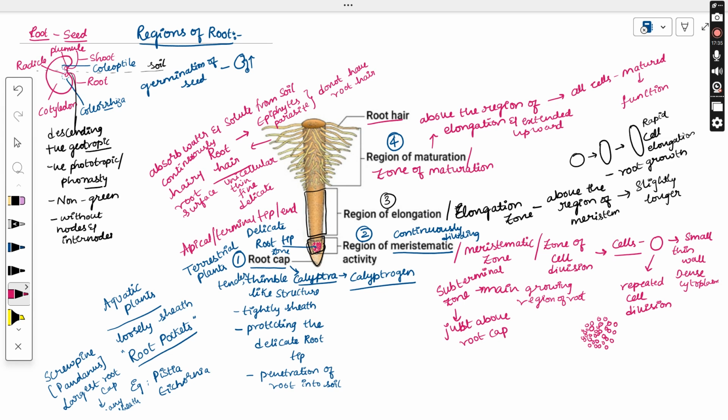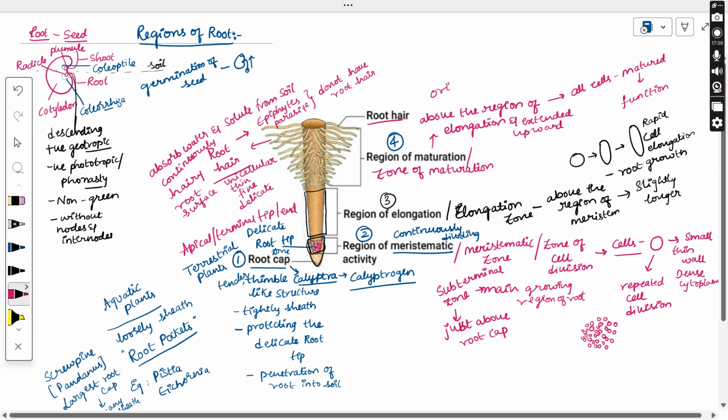This is also the region where you can find the origin of lateral roots. In the zone of maturation only, all the lateral roots will be developed. So all these are the different zones present in the root region: the root cap, then the meristematic, elongation, and maturation zones.